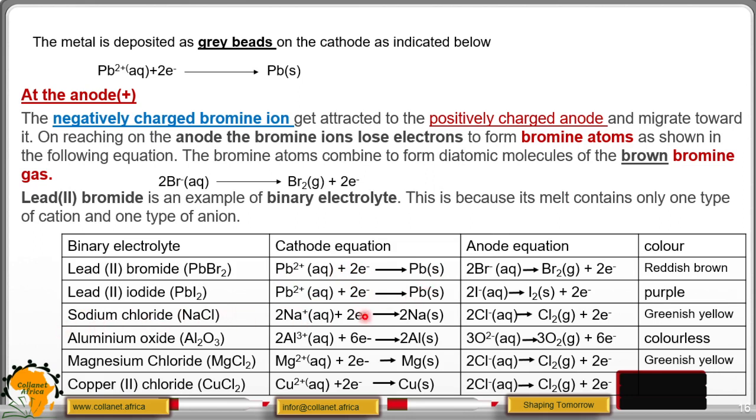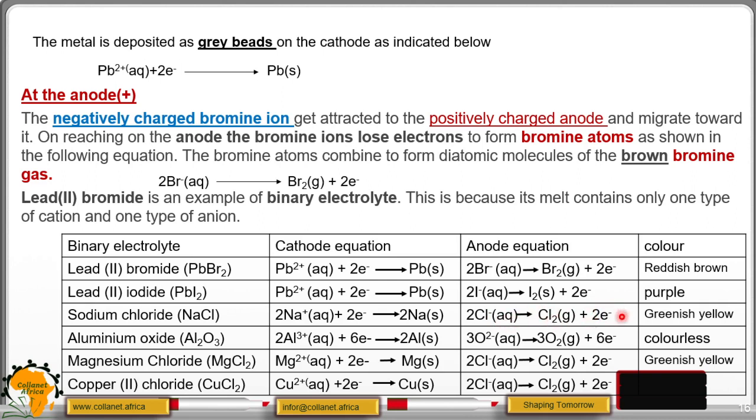In sodium chloride, sodium will gain 1 electron, and since the chlorine here will have to form a diatomic molecule, it has to form a gas. So what happens is that the chloride will lose 1 electron, but we need 2 chlorine to lose so that they can form the gas.